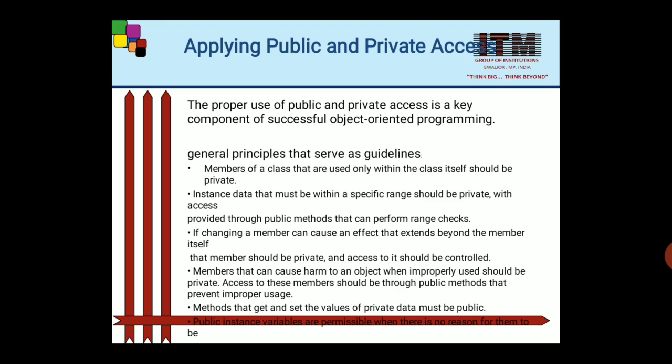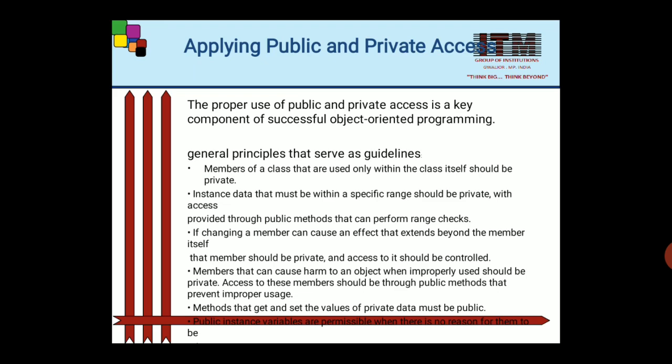The guidelines are: the members of a class that are used only within the class itself should be private, and instance data that must be within a specific range should be private, with access provided through public methods that can perform range checks.